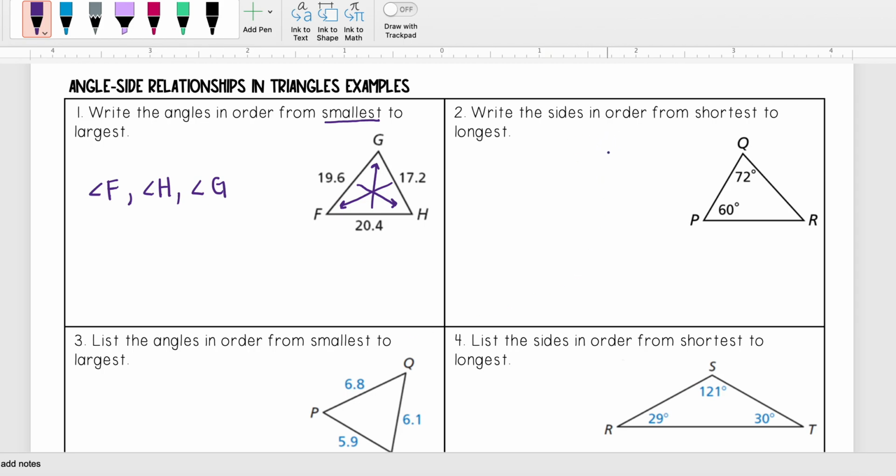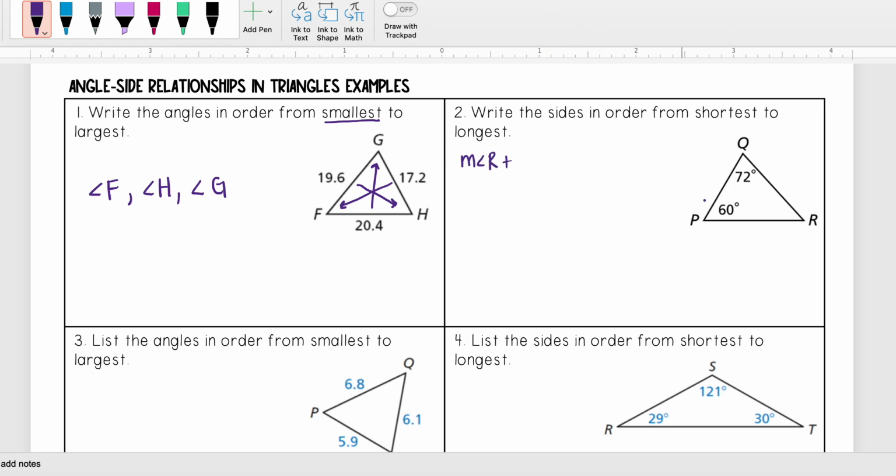Okay, now let's do the reverse of that. Now we're given angles and we want to write the sides in order. So I see that I have two angle measures here. However, it didn't give me the measure of angle R. But if you recall, all the angles in a triangle add up to equal 180.